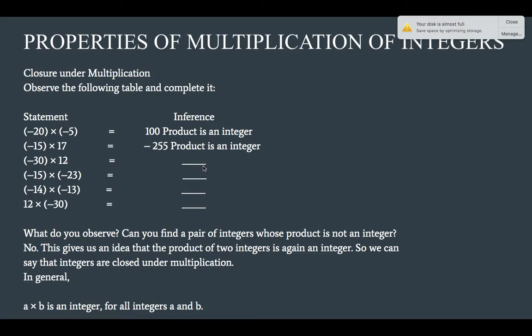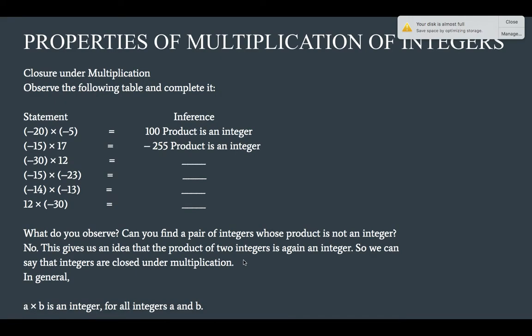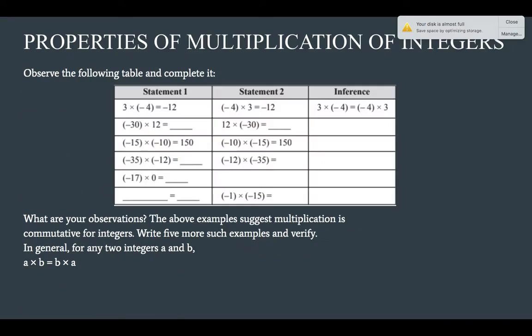Similarly, we can see that these are all integers. So what do we observe? We do not find a pair of integers whose product is not an integer. This gives us the idea that the product of two integers is again an integer. So we can say that integers are closed under multiplication also. In general, we can say a into b is also an integer for all integers a and b. So let's observe this table.